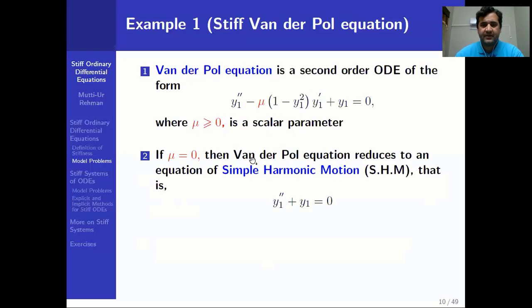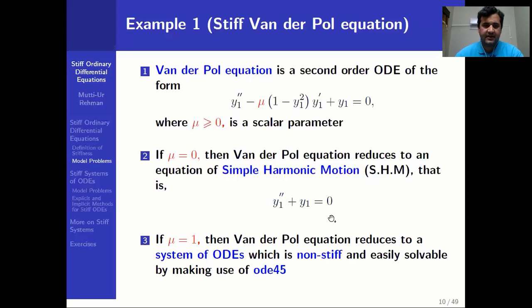And if I just pay attention to this damping parameter, in the absence of this damping parameter, your van der Pol equation will reduce to this second order ordinary differential equation, and this is nothing but a simple harmonic motion. Okay, and one can also study this second order ordinary differential equation as well.